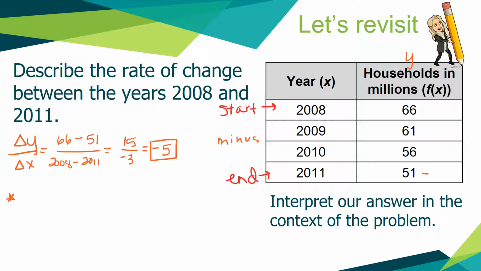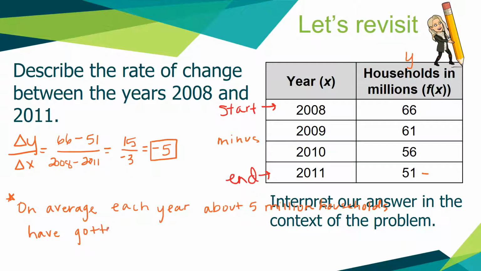So what that means is on average, each year, about 5 million, remember my y's are in terms of millions, 5 million households have gotten rid of landlines and cell phones.